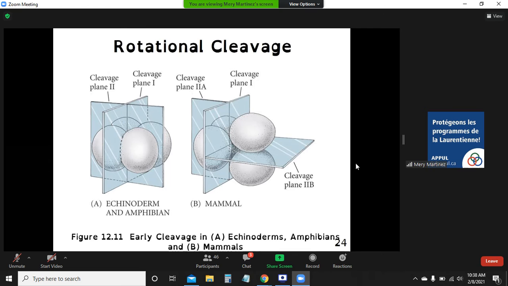So here we have first plane, second plane, both meridional. This is in amphibians and echinoderms. But in mammals, we have one that is meridional, but the second is equatorial. And that is why it becomes rotational, right?